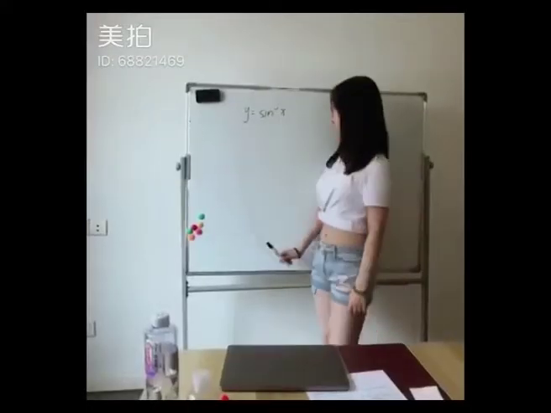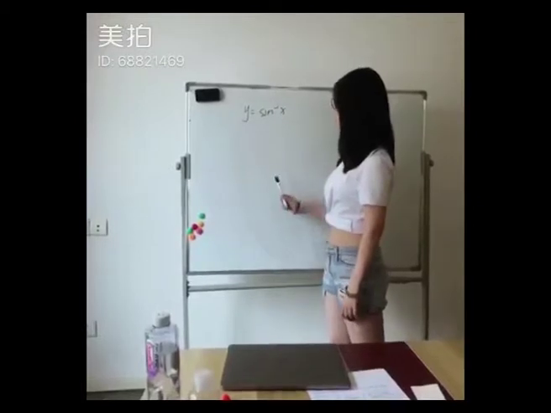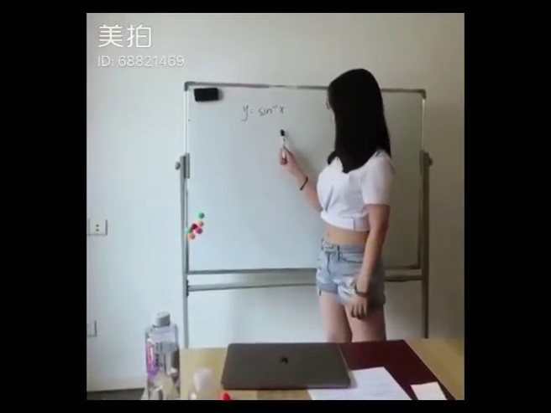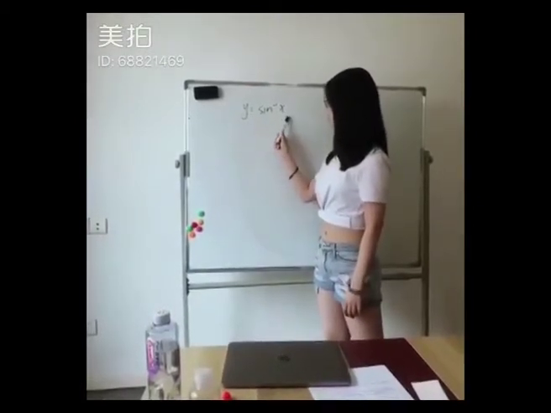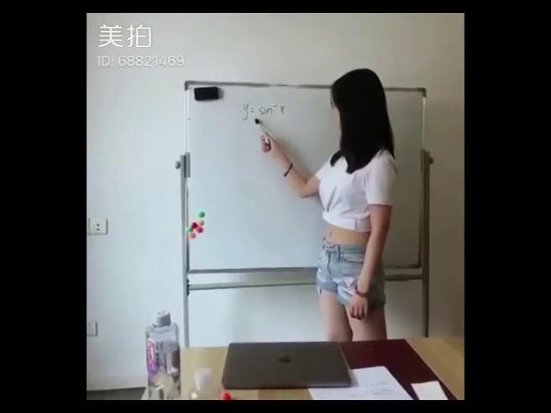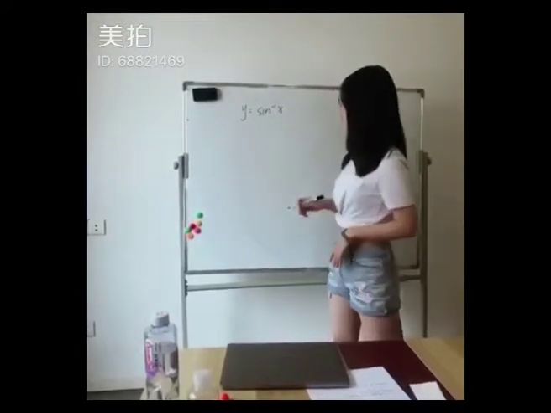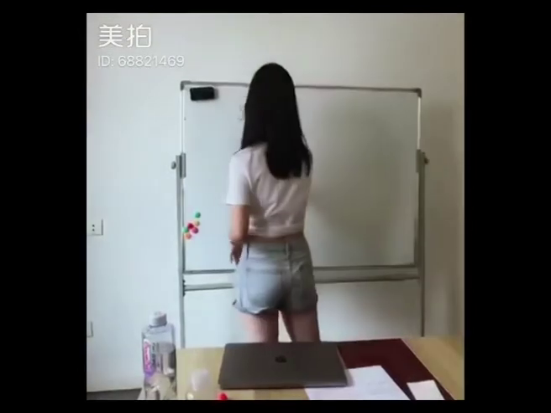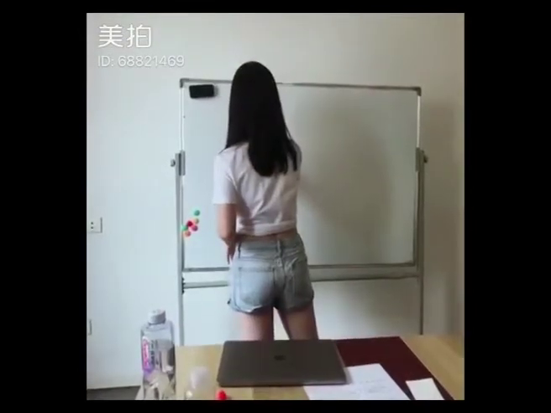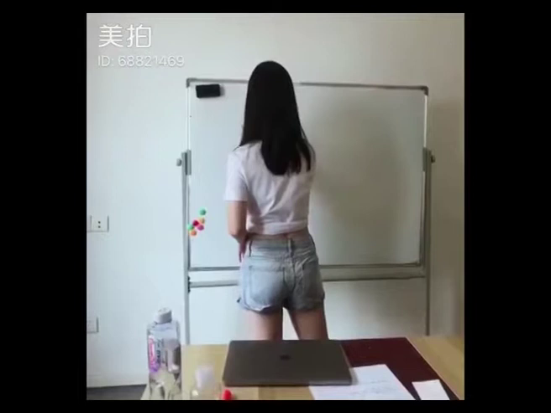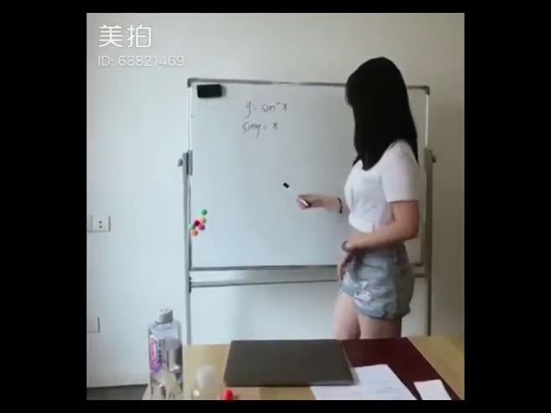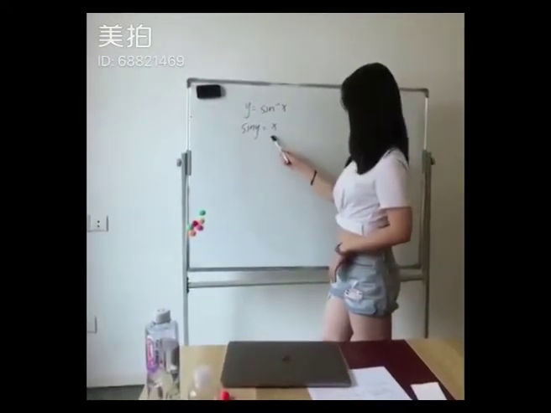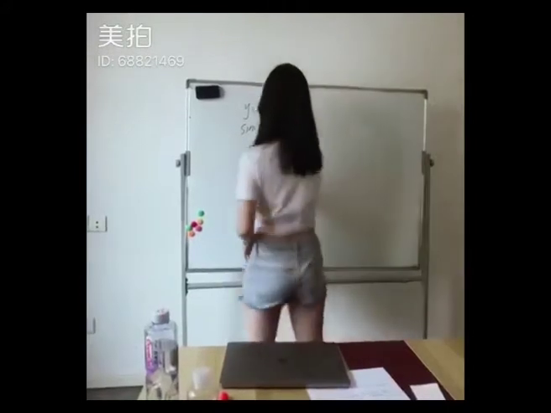I will talk about the derivative of arcsine, and we can get this function. The next step, we should invert the function relationship, and the function is sine y equals x. Second, we should differentiate both sides.